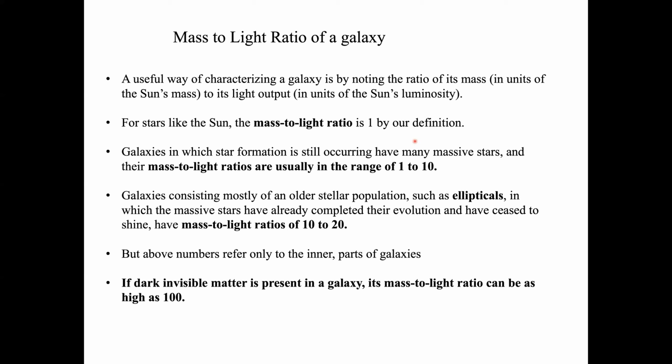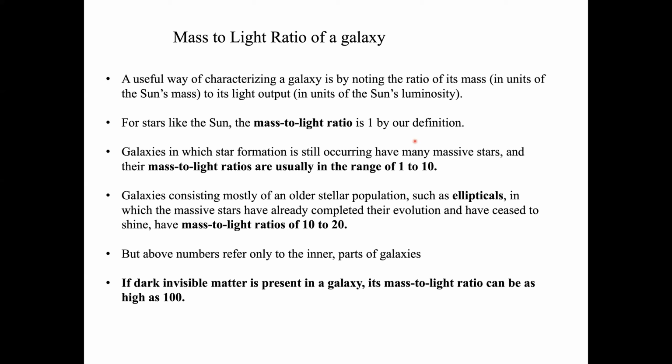You can see that their mass to light ratio is higher, right? For that number to be higher, the mass is larger and the amount of light should be smaller, and that happens when you do not have a lot of active star forming regions.